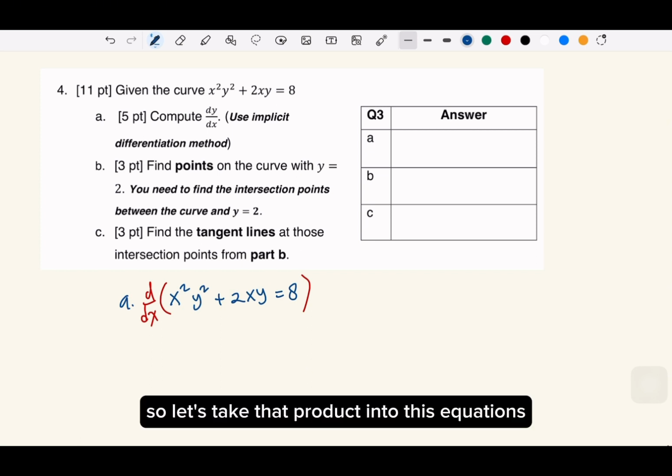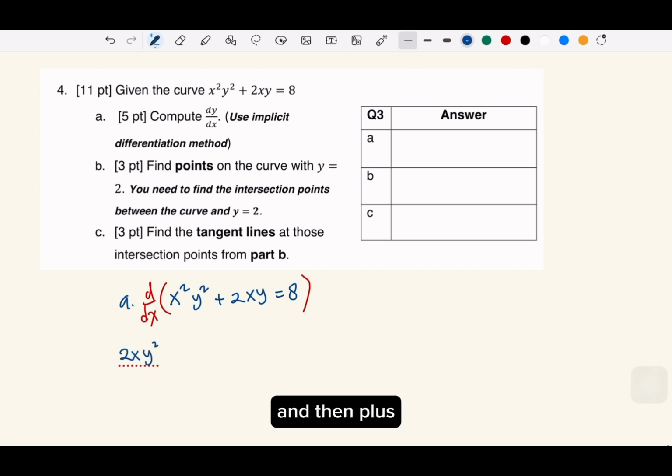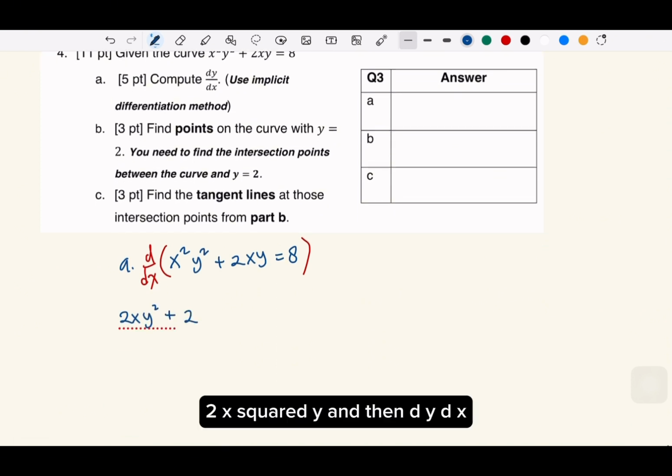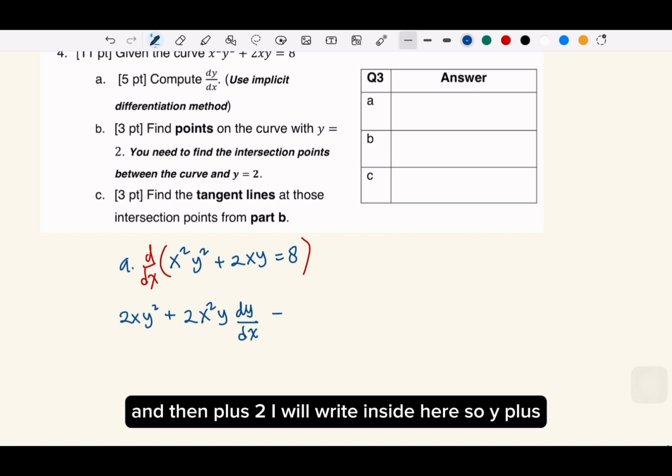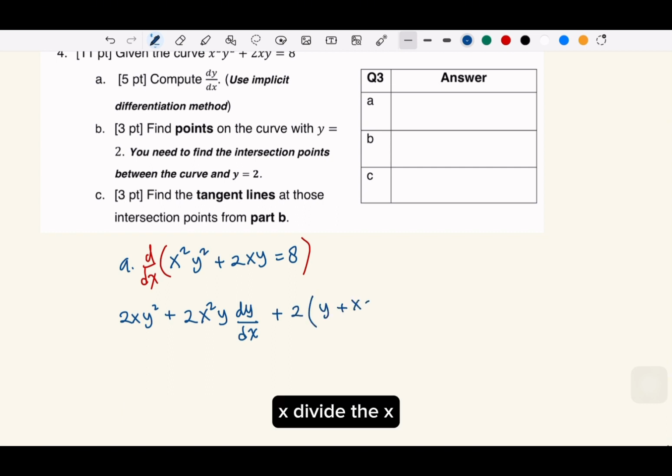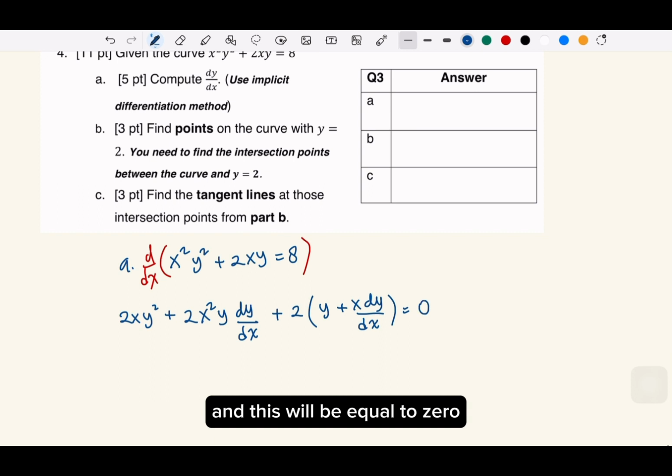So we are going to have 2xy squared plus 2x squared y dy dx, and then plus 2, y plus x dy dx, and this will be equal to 0.